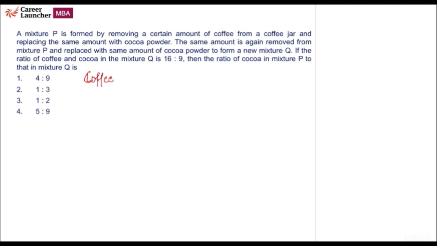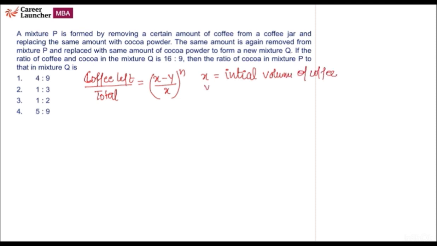So coffee left divided by total is equal to (x minus y divided by x) to the power n. Here x is the initial volume of coffee, y is the amount removed, and n is the number of times.